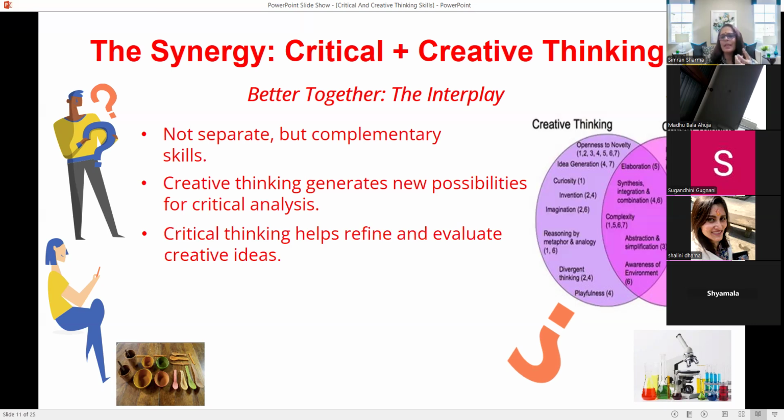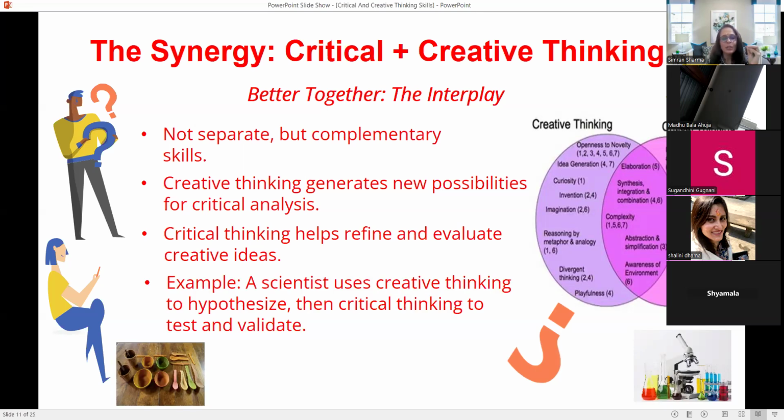For example, scientists propose many hypotheses, but when they critically analyze them by many different types of experiments, only on the basis of the evidence can they say whether the hypothesis is acceptable, or they refute it and do not take that hypothesis forward. So it is very important that both these thinkings work hand in hand.